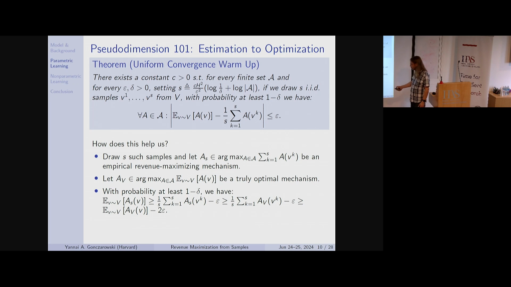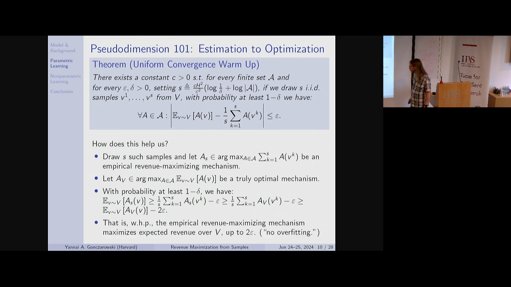Why? Because we chose this to maximize the empirically estimated revenue. And again, by this theorem, we'll lose another epsilon by switching back to expectations. So this tells us that with high probability, the empirical revenue maximizing mechanism maximizes expected revenue over V up to 2 epsilon. In other words, no overfitting.